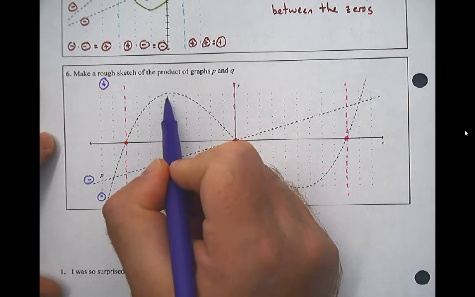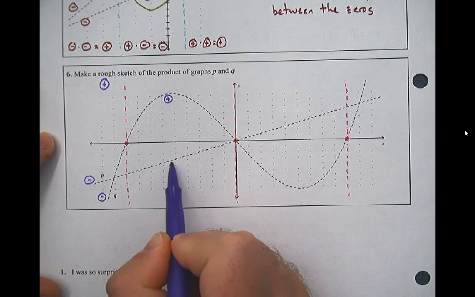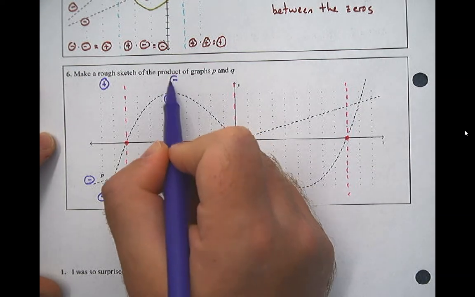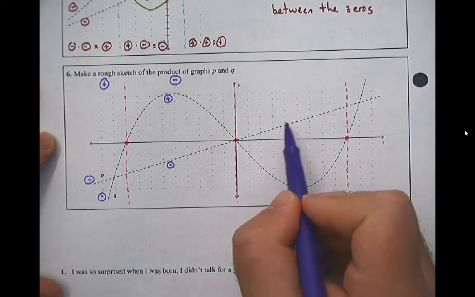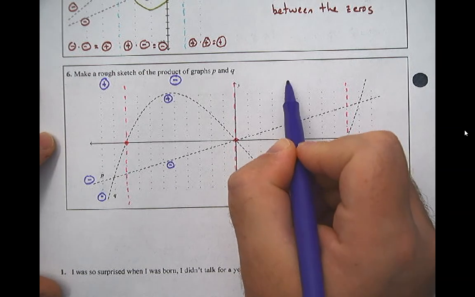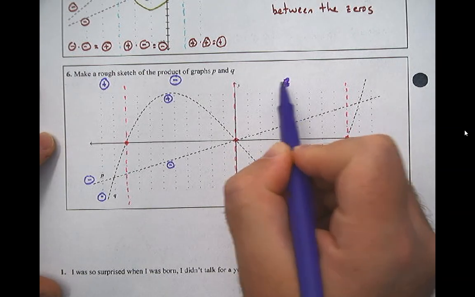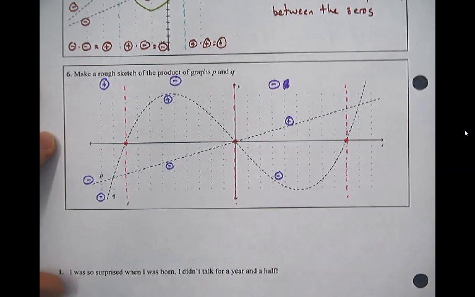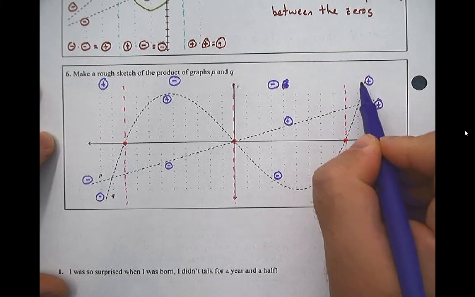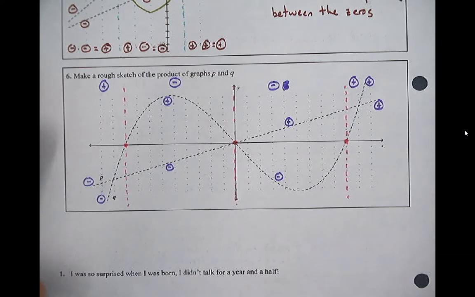In this section, these y values are positive, these y values are negative, so in this section, I'm going to have a negative. These are positive, these are negative. When I multiply a positive and a negative, I messed that up. It would be a negative. Then these are positive. These are positive. A positive times a positive is still positive.